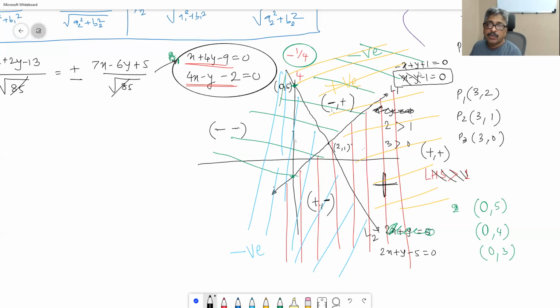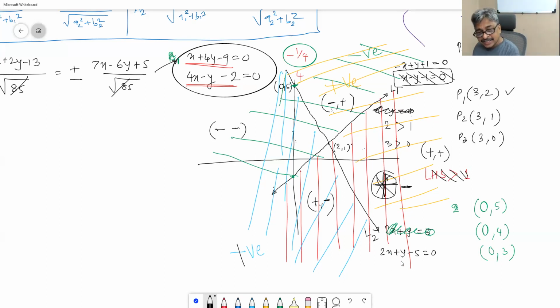Instead of this now, I use this equation. Is the line same? Yes, because I have just multiplied by minus 1. Equation is different, but the line is same. P1, yes, on the line. But P2, minus 3 plus 1 plus 1. So parity has changed. The half plane which was positive now becomes negative. And therefore the other half plane which was negative becomes positive, changed.